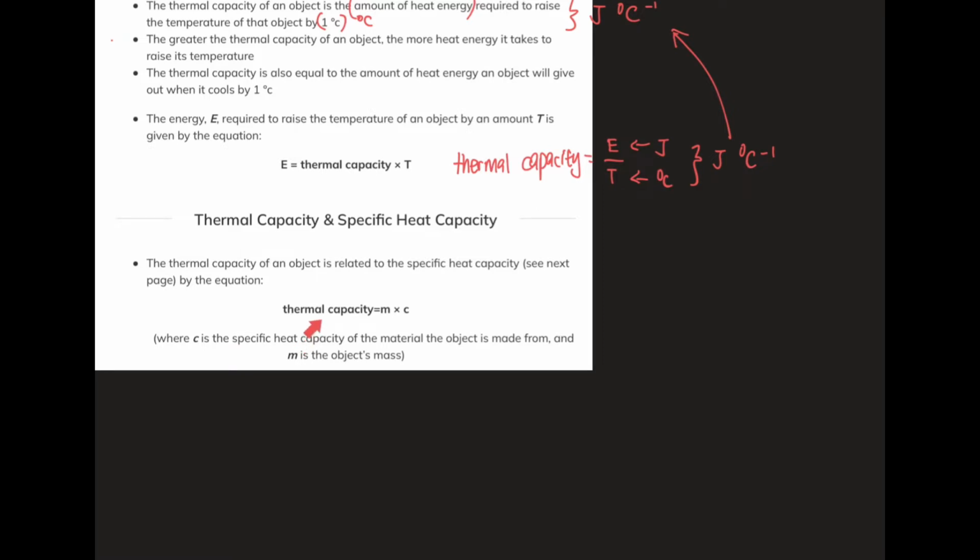So you take specific heat capacity, multiply with the mass, then you get thermal capacity. That is how they relate. So of course we need to know what is specific heat capacity also. Let us look at the following page to understand this.